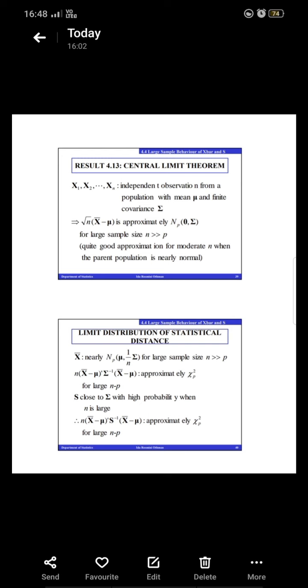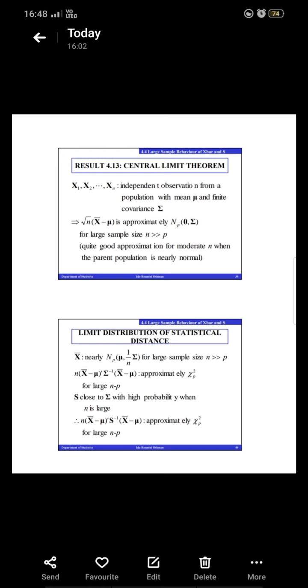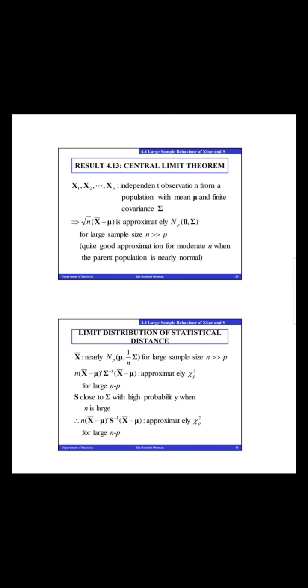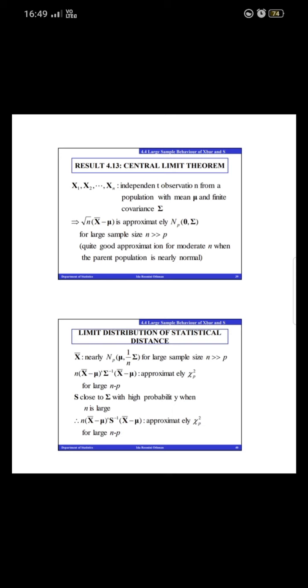Okay, and because when n is large, the sample variance covariance will be close to the population variance covariance, so this term, bila kita gantikan big sigma here dengan S here, sama juga, it will be approximately distributed as chi-square p. Okay, dia punya degrees of freedom p.